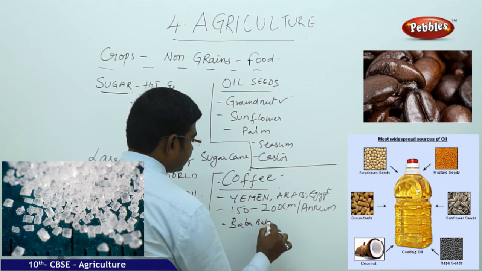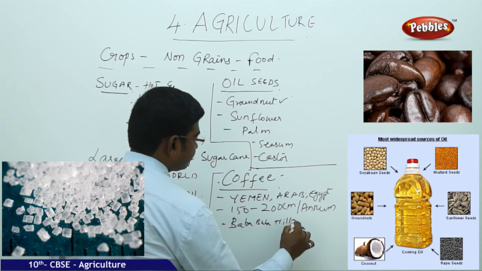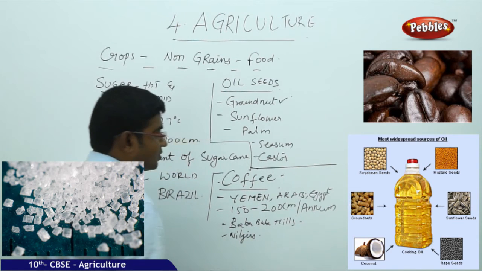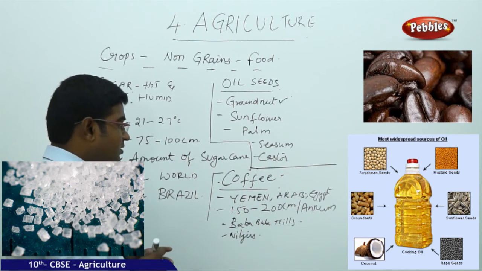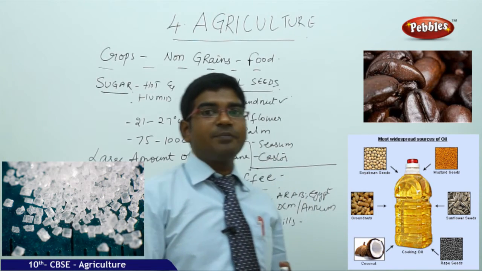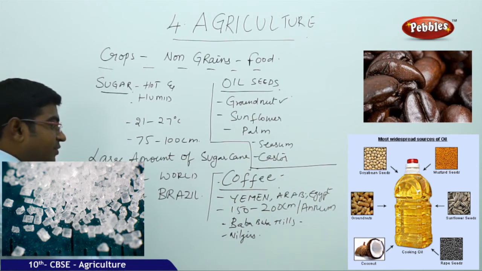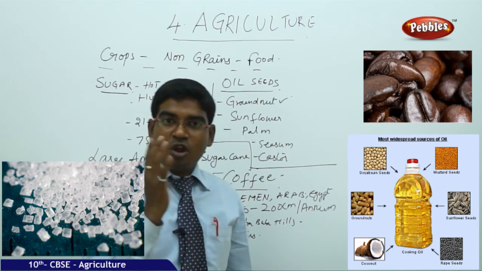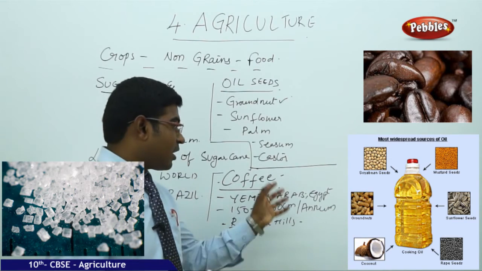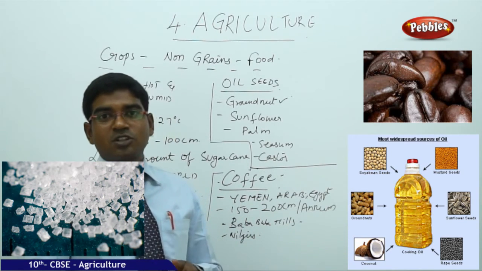This is mostly done in Baba Budan Hills, Nilgiris, some parts of Darjeeling and other parts where coffee production is a major activity. India produces a significant amount of coffee which is not less in taste when compared to Yemen's, the Arab, or the Egyptian production of coffee.